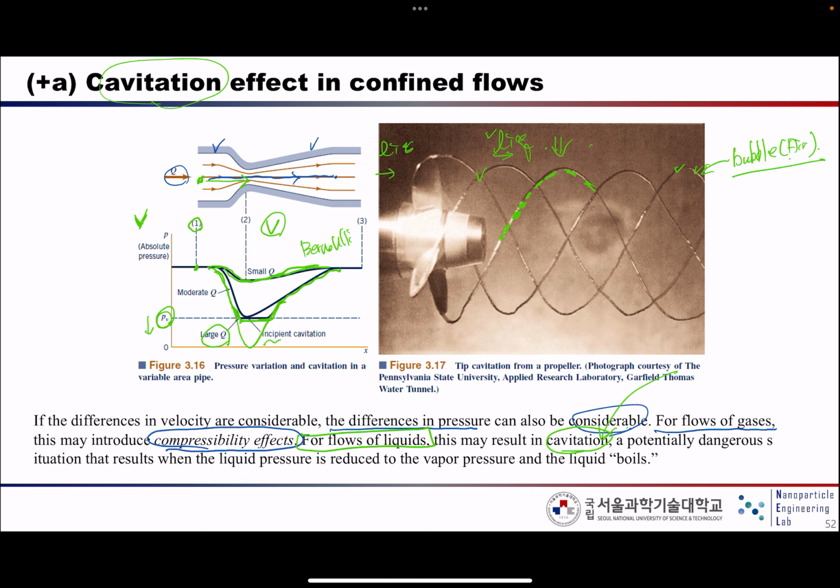At this point, we say cavitation has occurred. So you should also consider this if you design this kind of narrow channel for a liquid: the cavitation effect is also very important.